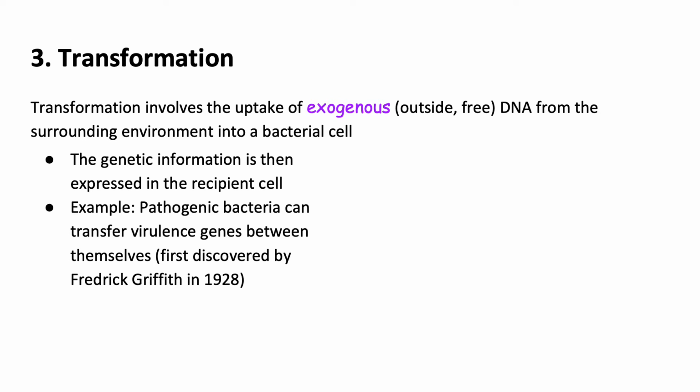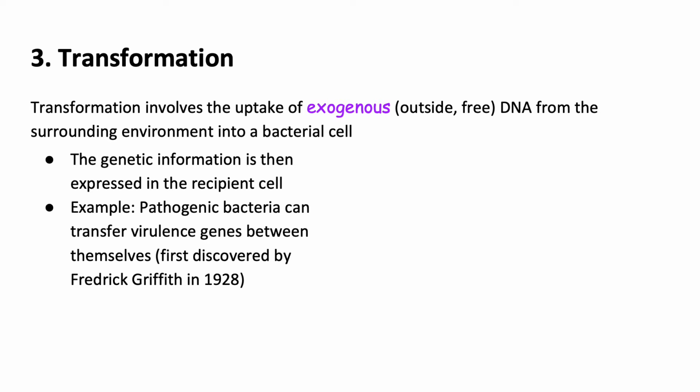And the third type of horizontal gene transfer is called transformation. Transformation involves the uptake of exogenous, which means outside or free DNA, from the surrounding environment into a bacterial cell. Once the DNA is taken into that recipient cell, the genetic information from that DNA is then expressed in the recipient cell.